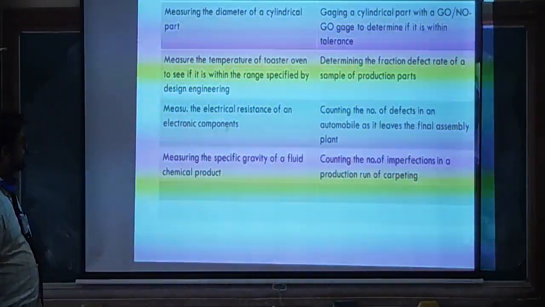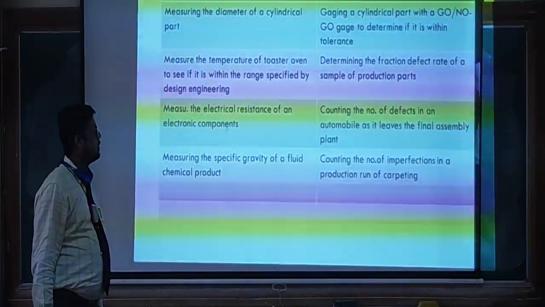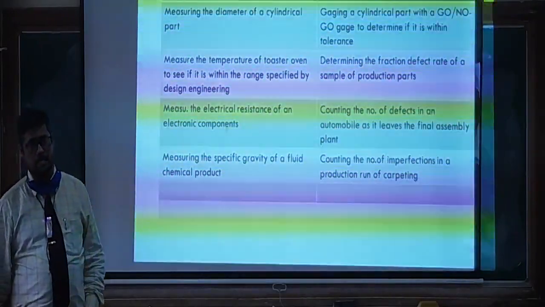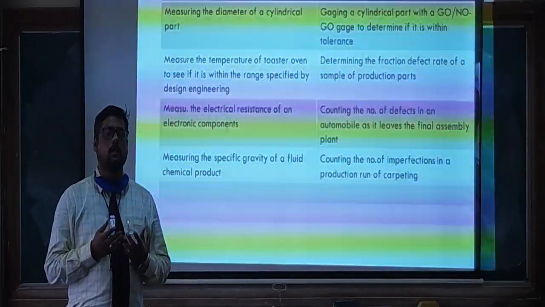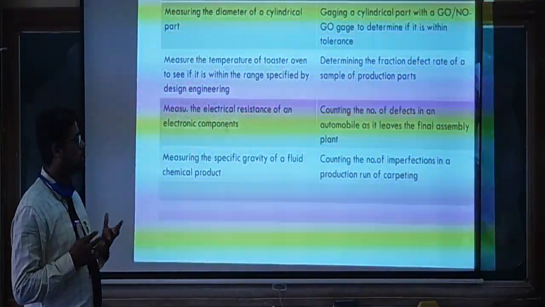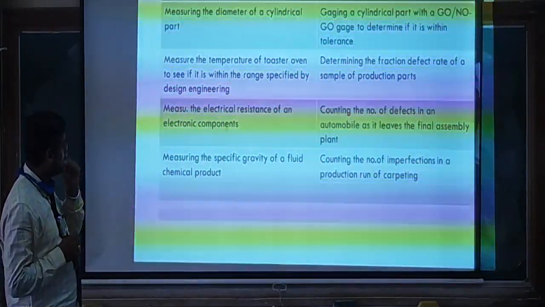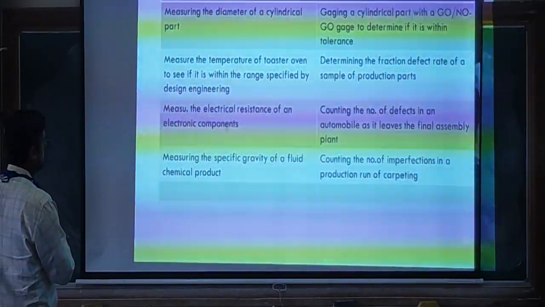Next is to measure the temperature of a toaster oven to see if it is within the range specified by the design engineering. How is a toaster oven manufactured? It is manufactured for some range; beyond that range it will not go. A temperature sensor is provided, and within that temperature it will heat.